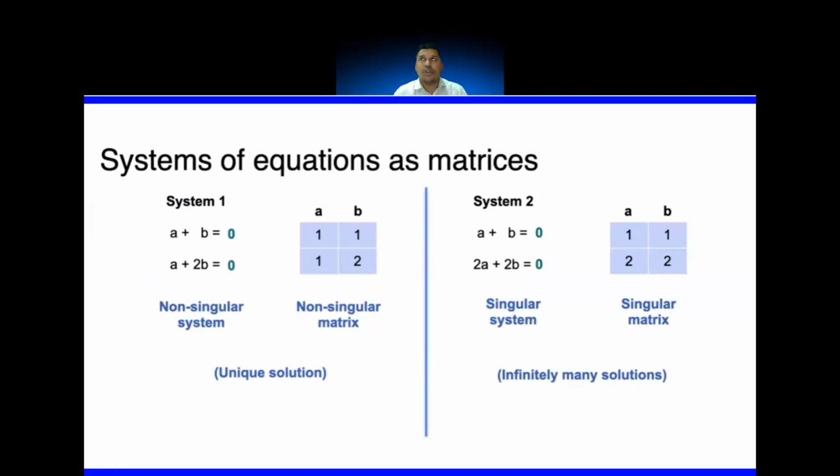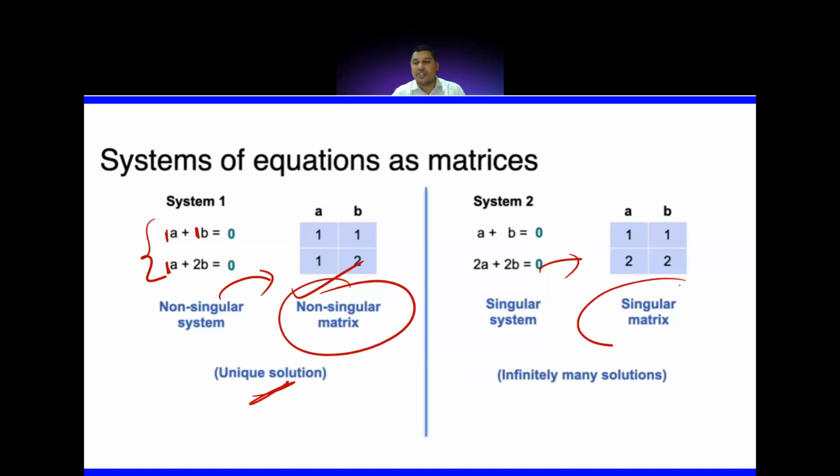Right. Now, see, how do we convert it into a matrix? I have two linear equations in the system, and I am representing them as a matrix. The constants before A are 1, 1, 1 and 2. I think you all know how we convert this into a matrix. So if it is a non-singular matrix, you have a unique solution. If it's a singular matrix, you have an infinite number of solutions.